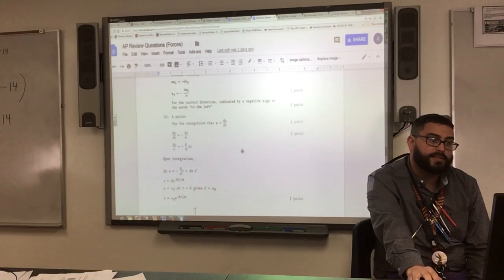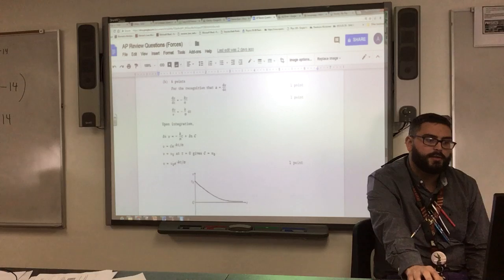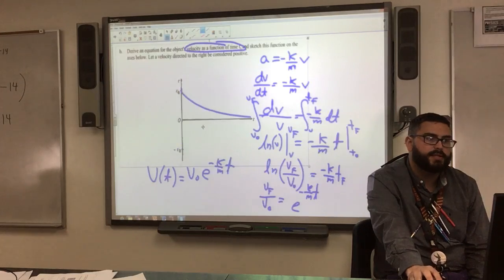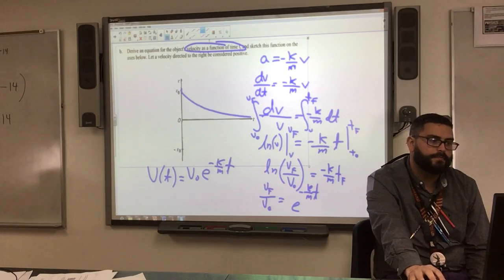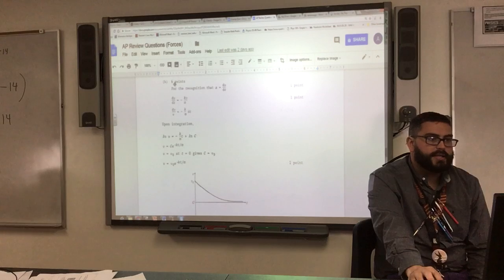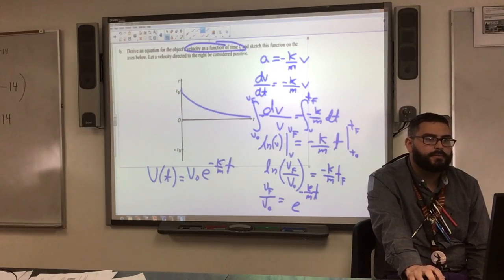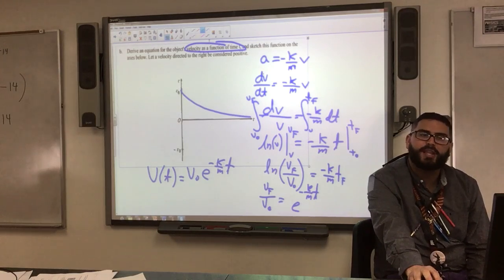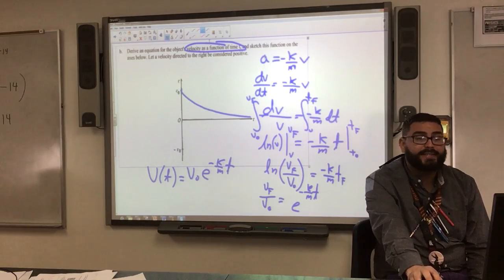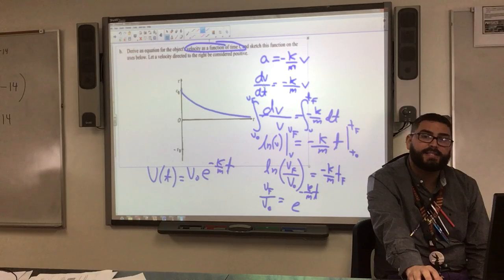Part B, 6 points. So that calculus stuff will really give us a lot of the points in this question. So that's going to be this next page. 6 points. Let's see, 1 point for recognition that A is dv dt. That might not fly. It might fly. I didn't explicitly say A is dv dt.